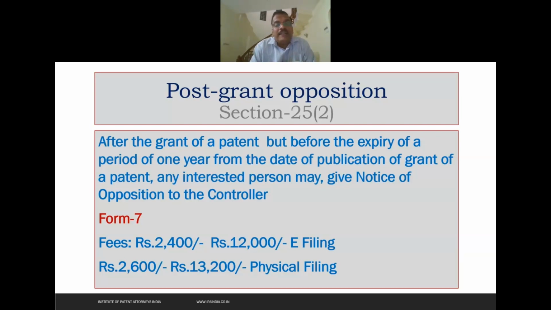Several universities and research scholars, without filing a patent, publish their articles in well-known journals, and then it is very easy for the examiner to locate. If the examiner has not noticed, the general public can also file a pre-grant opposition.